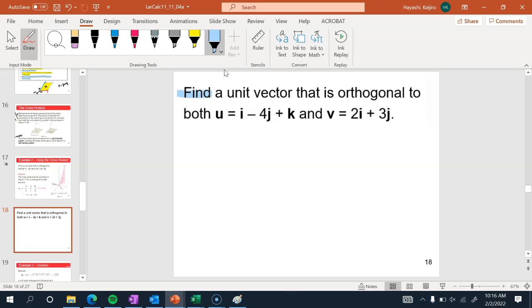So if you want to find a vector that is orthogonal to some other vector, your mind immediately goes to cross product.